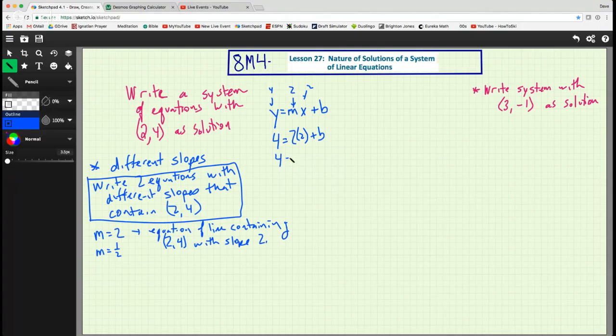So 4 equals 4 plus b. Oh, interesting. So b equals 0. So my first equation has m equals 2 and b equals 0, so y equals 2x plus 0, or y equals 2x.